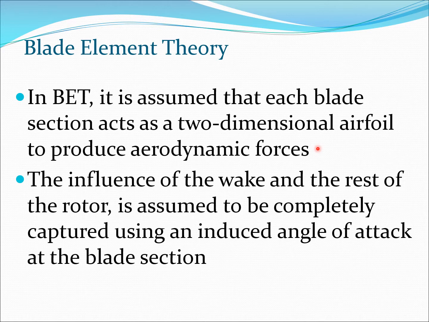So finally we are now looking at the blade level. The influence of the wake and rest of the rotor is completely captured through the induced velocity, which we will see when we take a detailed look at the blade section.